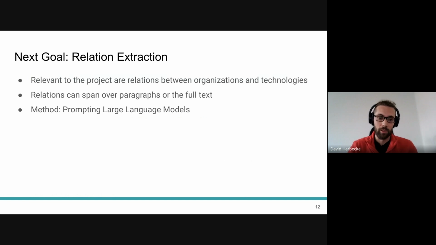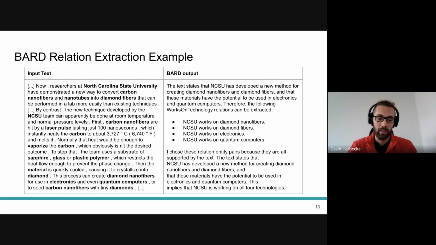I can allude to a sample in the next slide, where we have the organization North Carolina State University, or also called NCSU, and we want to find out which of the technologies that are mentioned here are relevant for that university, or which the university actually works with.